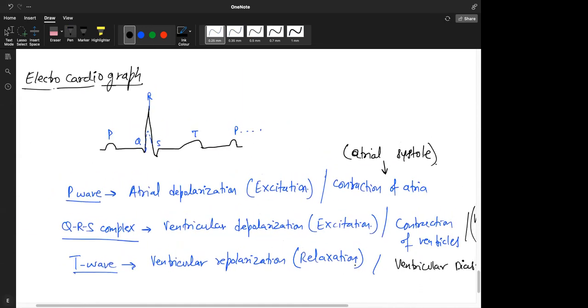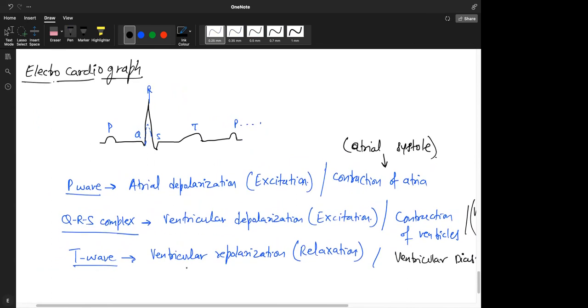Where is atrial diastole? There is something wrong, yeah? We made something wrong. Let me remove this part finally. Now you can see and tell me, where did atrial diastole go?